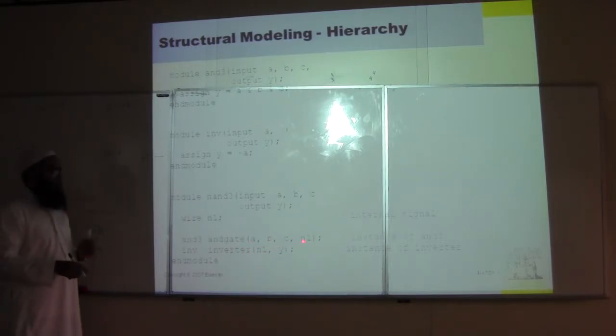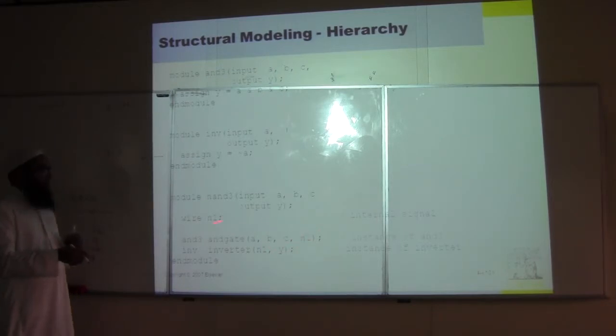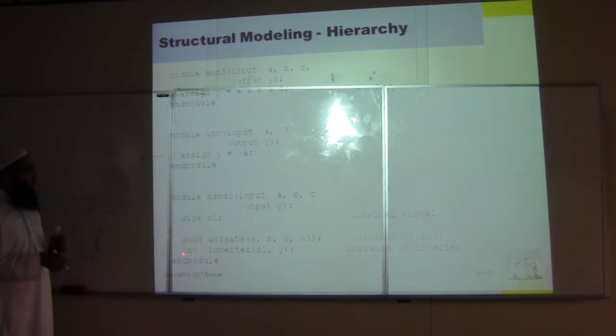Okay, so you give it N1, so as if you will call this N3, it will calculate A and B and C and return the value in N1. Then you can call or make another gate of type INV, inverter, with name inverter. Input you give this N1 here, and output will come in Y.